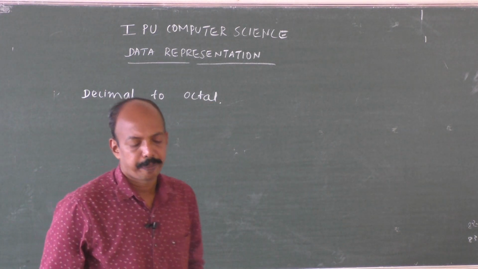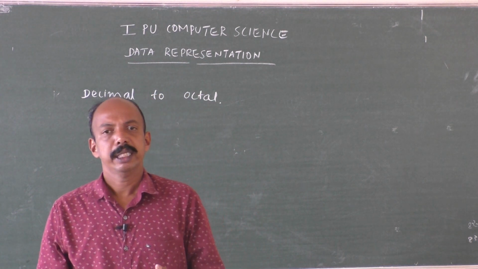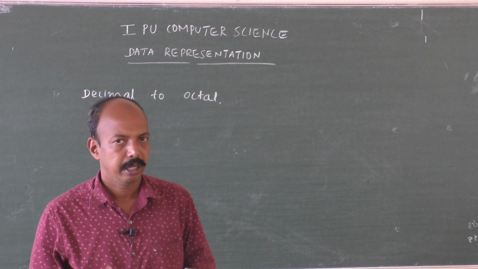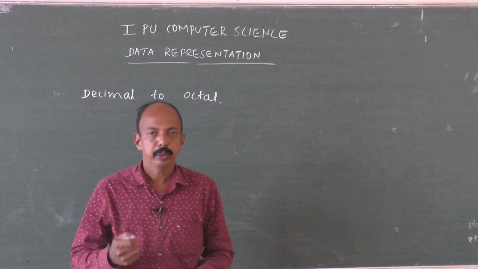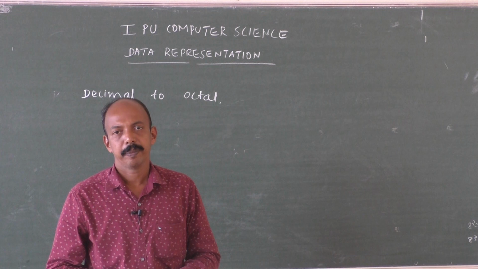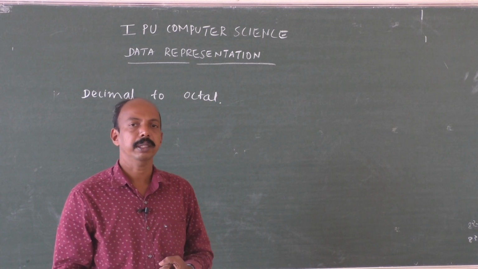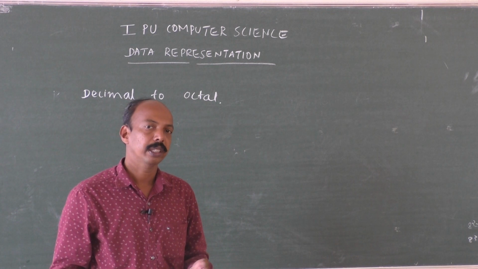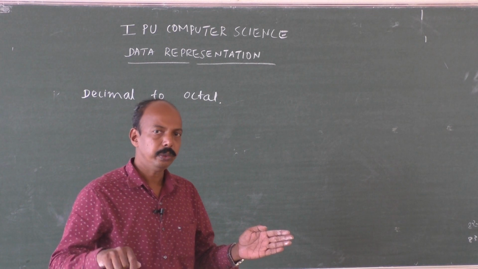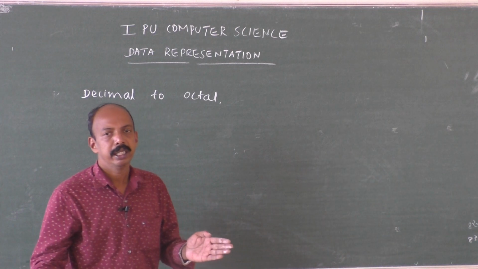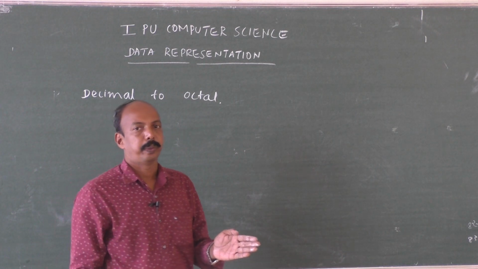In case of conversion from decimal to binary, I would like to repeat, what we have done? We have divided the given number by 2 because decimal is the base 10. What we want to convert is to binary, so divide by 2.